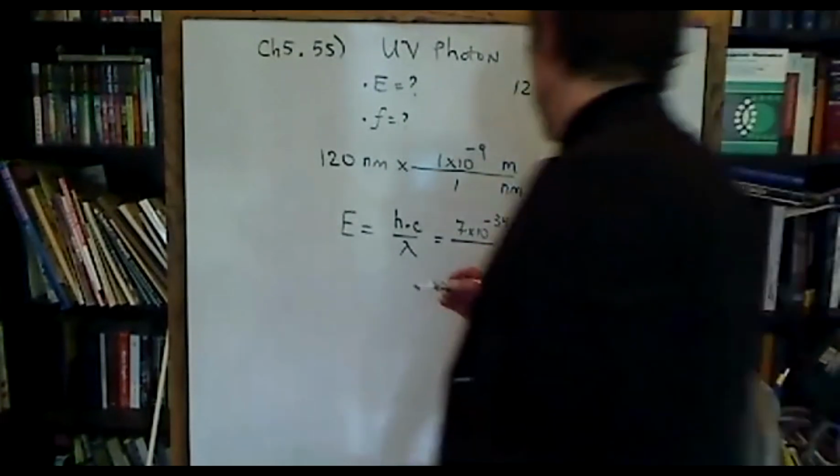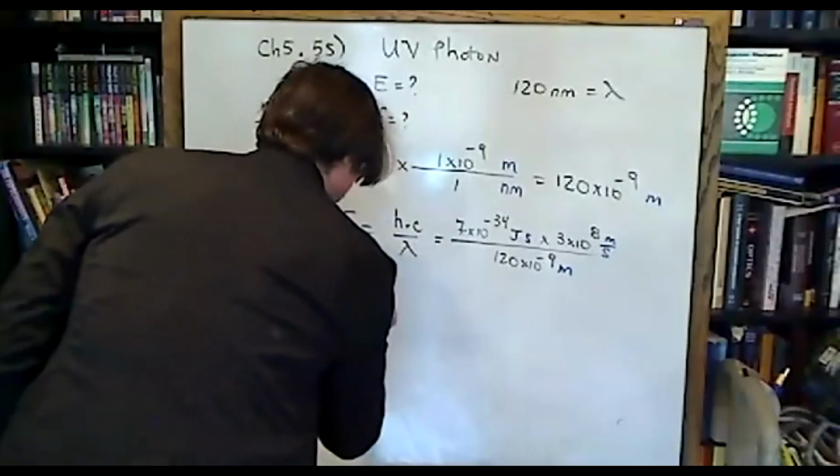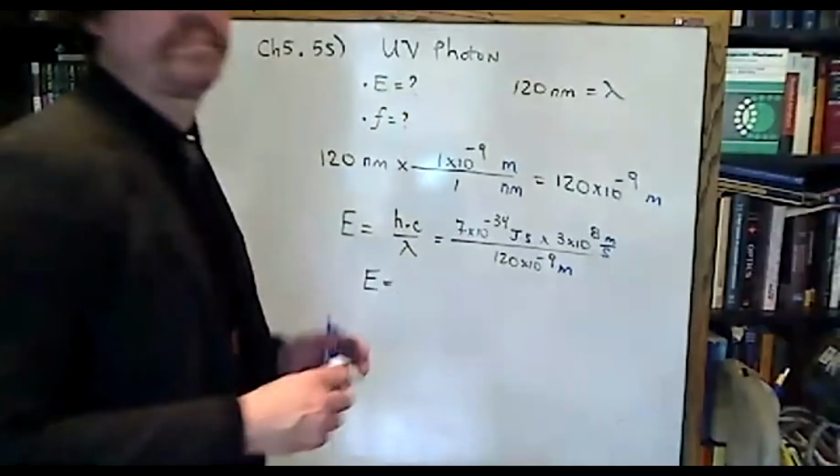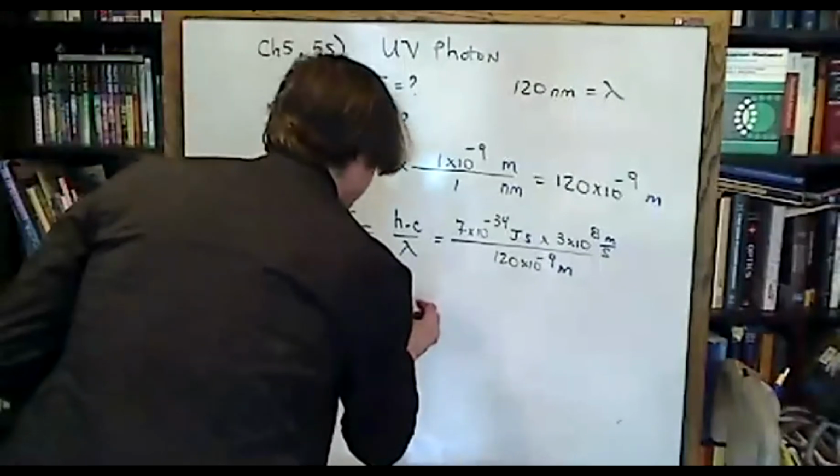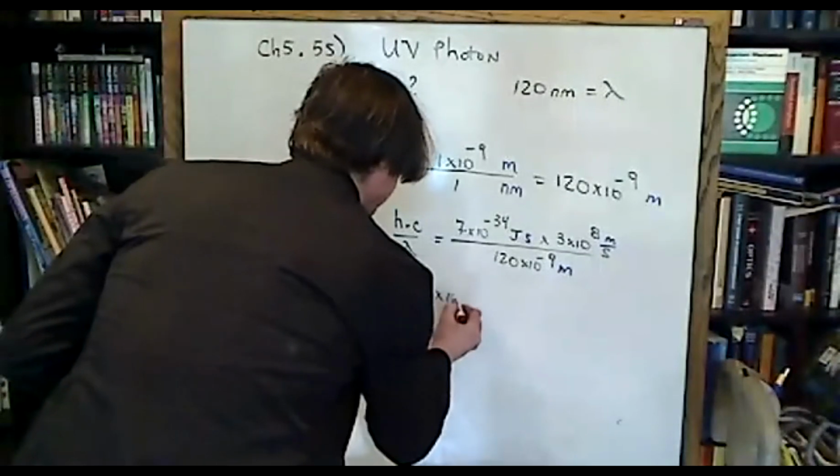Well, you guys do the punching and the crunching, right? 1.7 times 10 to the minus 18 joules.